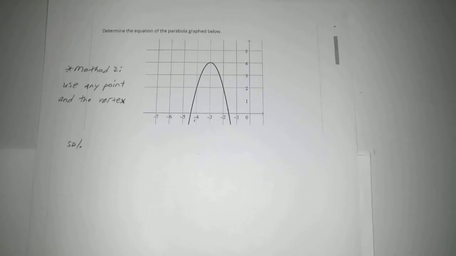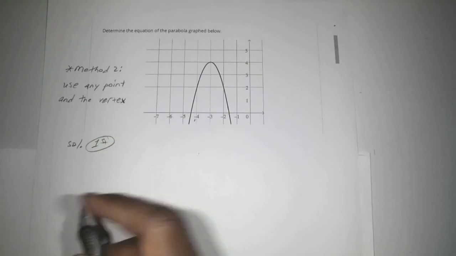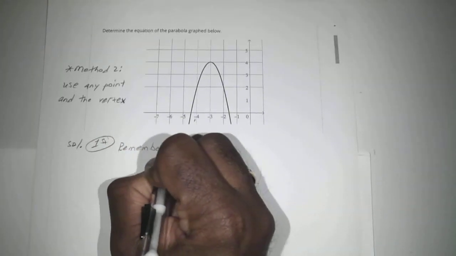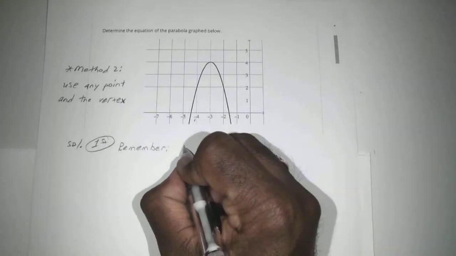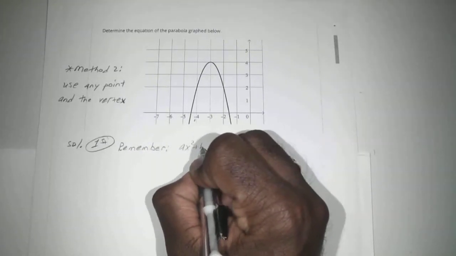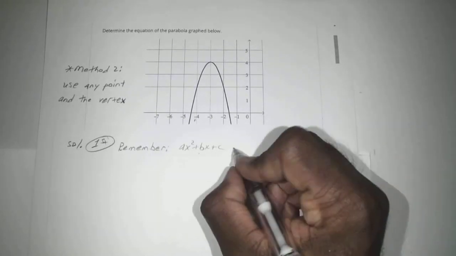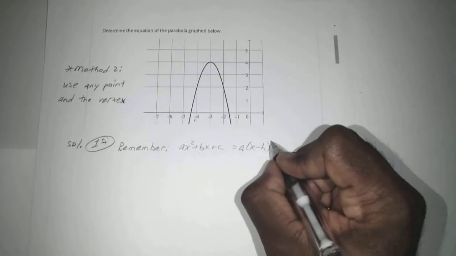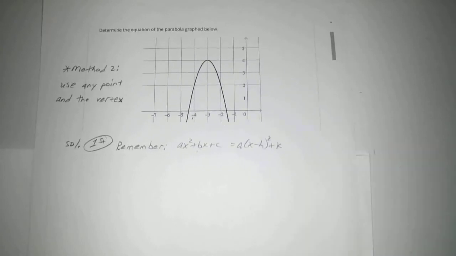So once again, your first step, you're going to remember your basic forms. So you know your ax squared plus bx plus c. You have the vertex form of a(x - h) squared plus k.